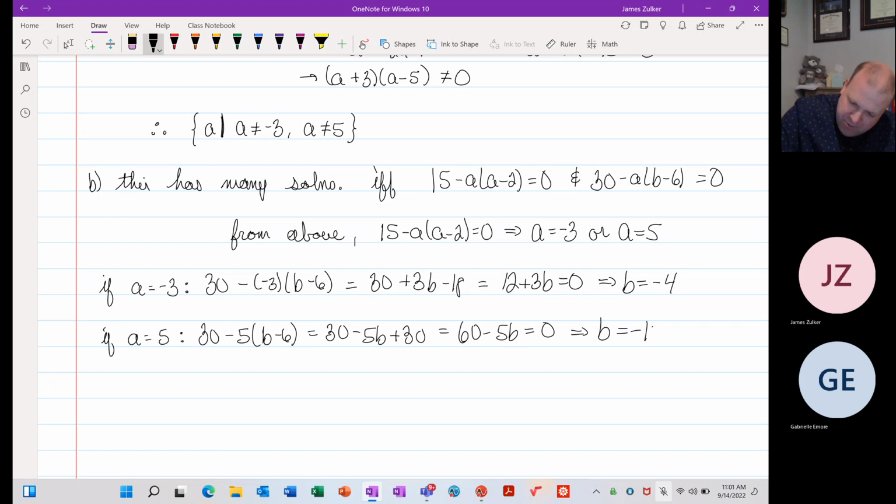And so doesn't that mean b would have to be positive 12? So we get two ordered pairs: negative 3 and negative 4, and then 5 and 12.